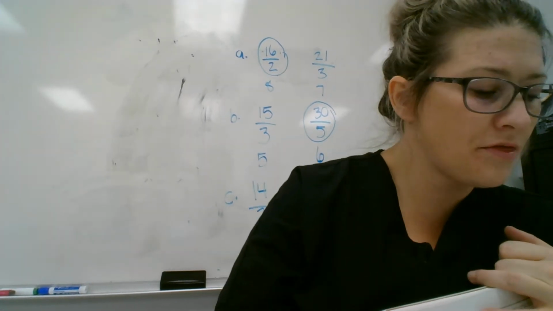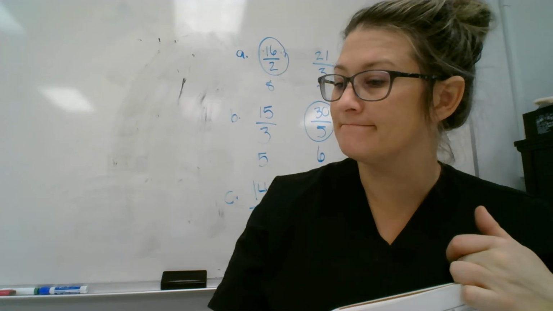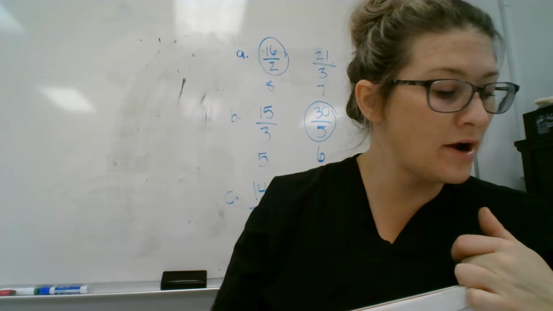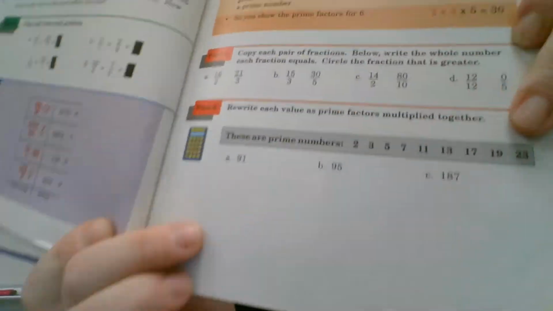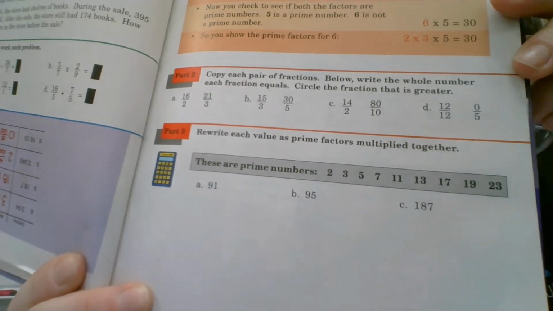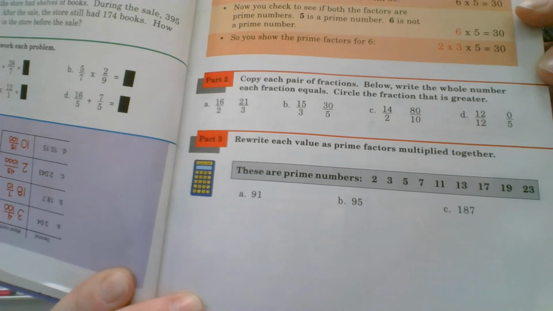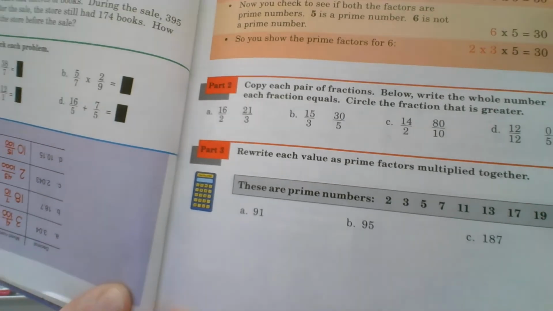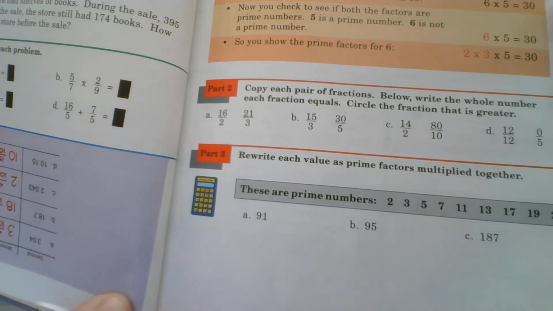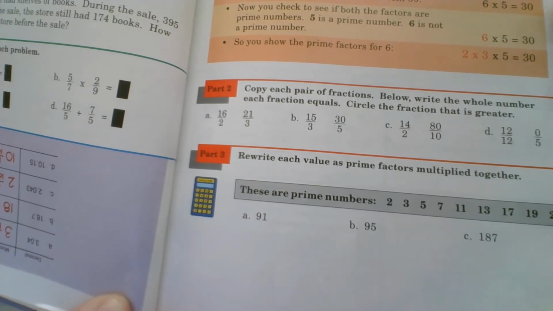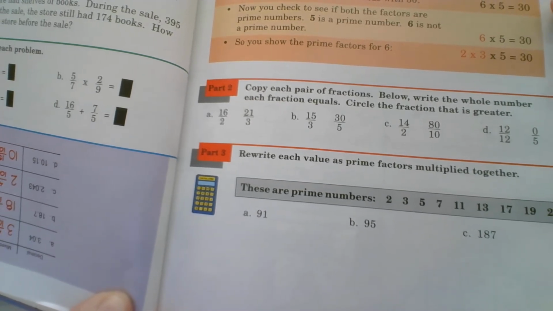All right, part 3 in your book. These are large prime numbers. Each number has 2 prime factors. You're going to use a calculator to find those factors. Remember, the number you divide by is 1 factor.